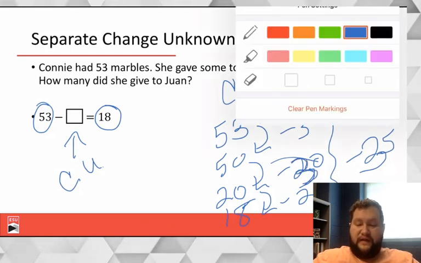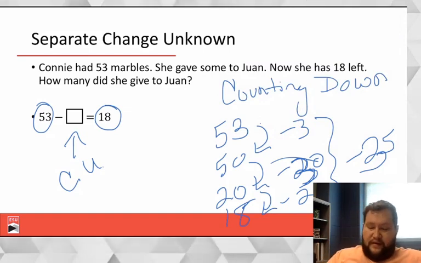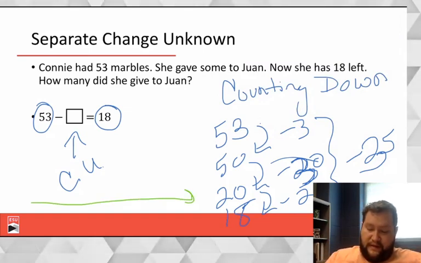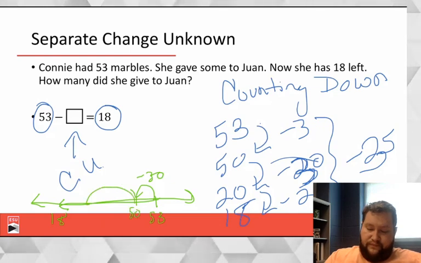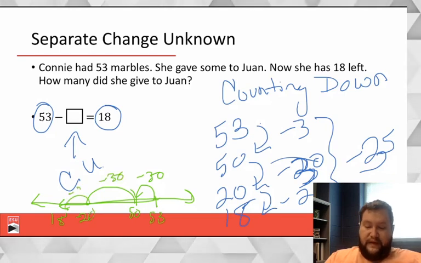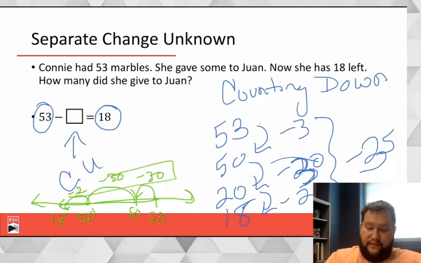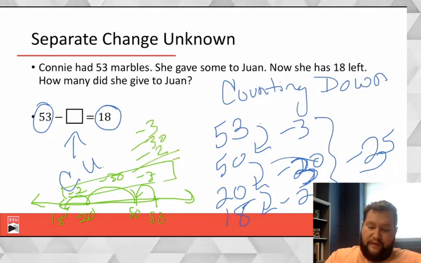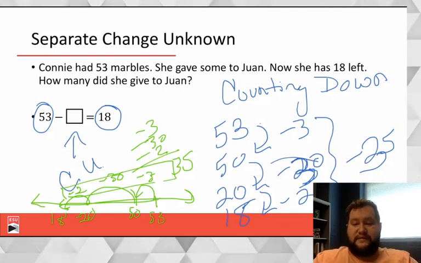I often use this kind of writing, where I just write them in sequence, but you could also say, well, I'm at 53, and I have some number down to 18, and what's happening is I jump minus 3 to 50, minus 30 to 20, minus 2 to 18, and then here we have negative 3, negative 30, minus 2, it's 35, right? That's another way we could show this subtraction.